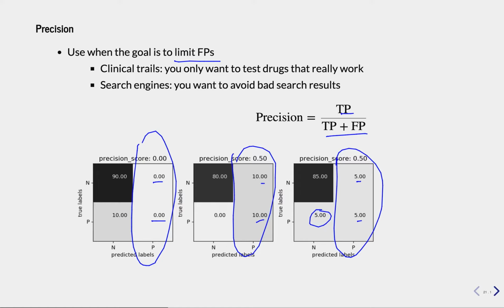This is a useful metric, for instance, in clinical trials, like I said before. If you have a clinical trial, it means that you are testing a drug, and testing a drug is very expensive. So any false positive means you have to invest a lot of money into it. Search engines are another example.